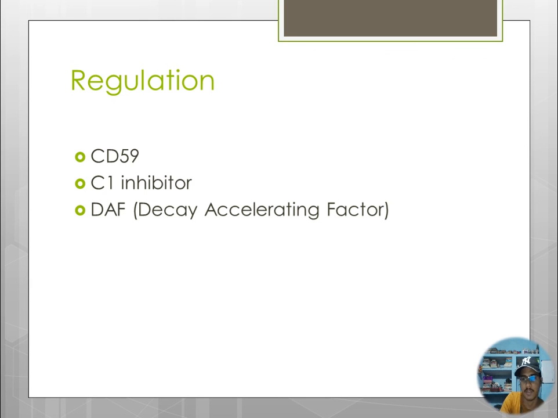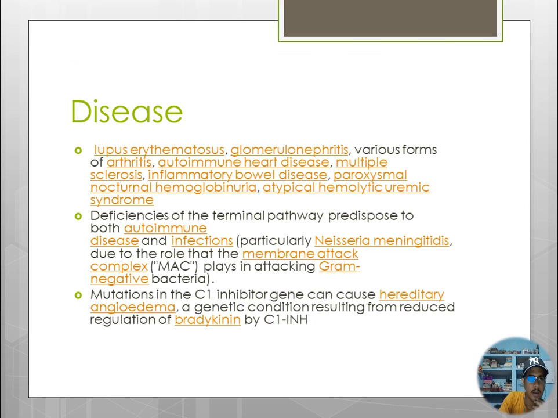CD59, what does it do? It inhibits the C9 polymerization so that the pores are not created on the cells. And we have the C1 inhibitor. And we have other endogenous regulatory factors such as CD55, CD35, CD46, and many more.